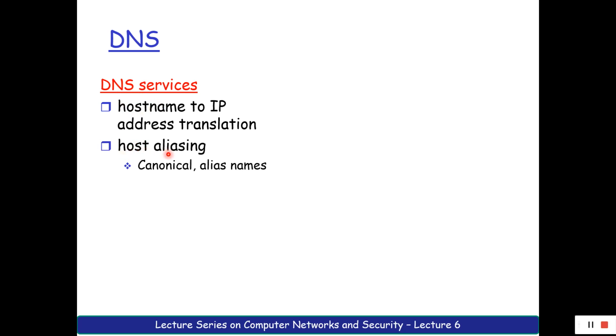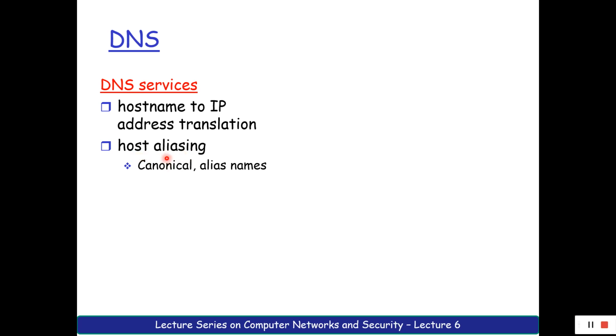Second, it can give host aliasing. That is, if I have a web server named xyz.com, at the same time I can have the same server with the name lmn.com.